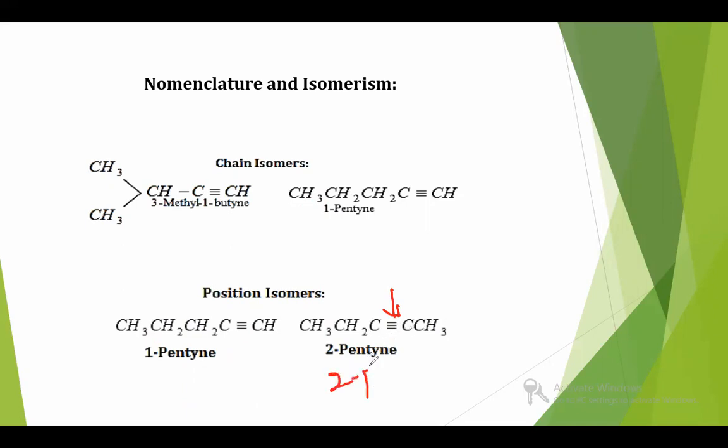Then it will be pent-2-yne. So these are chain isomers and positional isomers in alkynes.